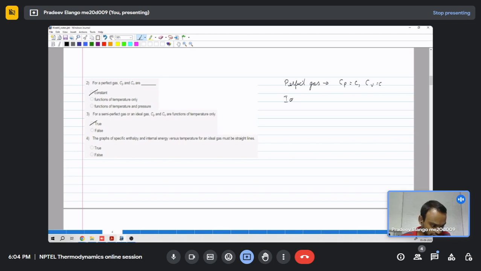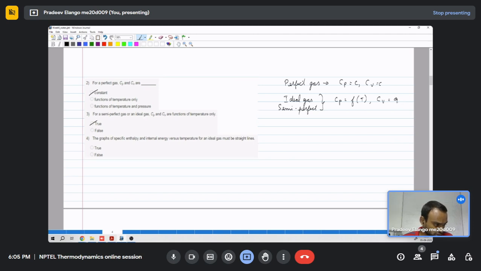For ideal gas or imperfect or semi-perfect gas, for both of them, Cp is just a function of temperature alone. It need not be a linear function, but it could be a polynomial or some other function, but it is only a function of temperature.